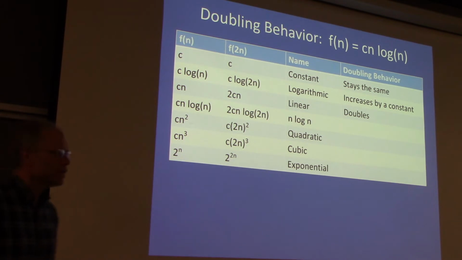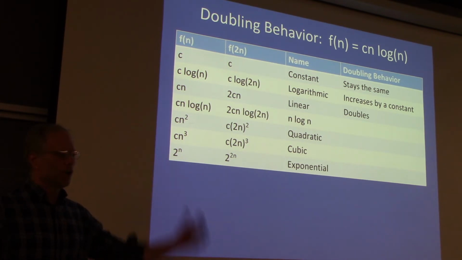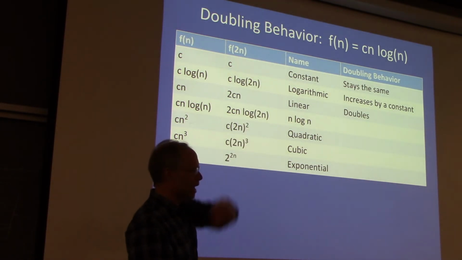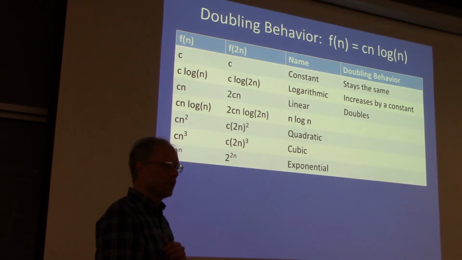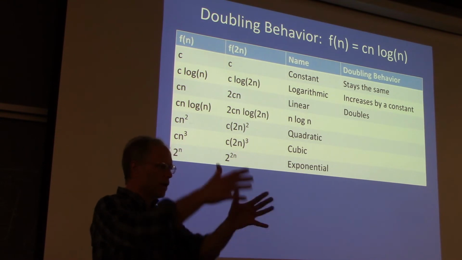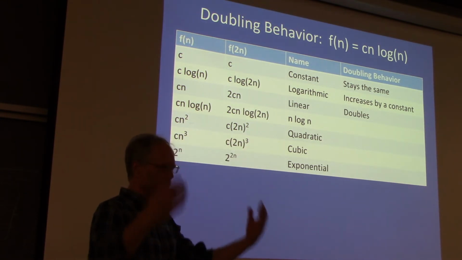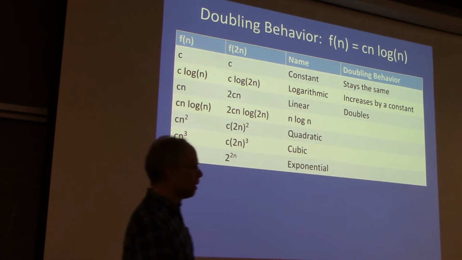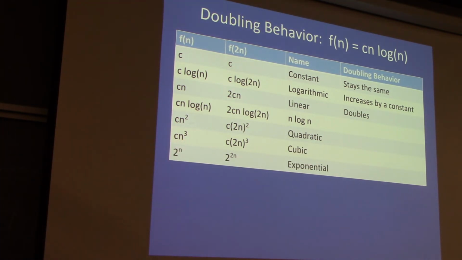It makes it really easy to figure out the complexity of the algorithm. If you double it and it stays the same each time, you're dealing with a constant algorithm. If you double it and it increases by a constant step each time, you know it's logarithmic. No curve fitting required. You just read it off. If the running time doubles when you double the input size, you know it's linear.